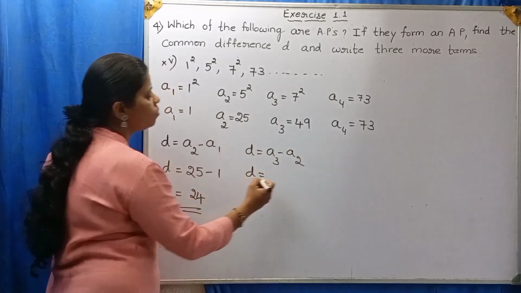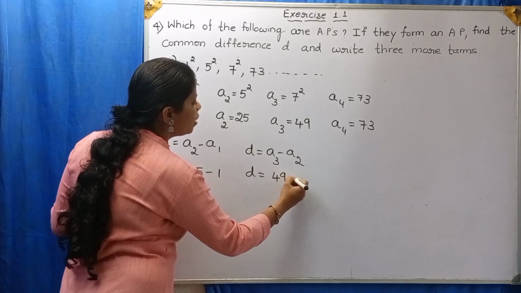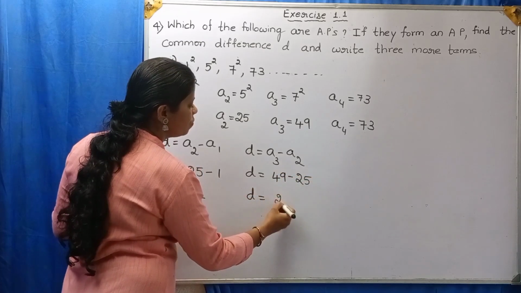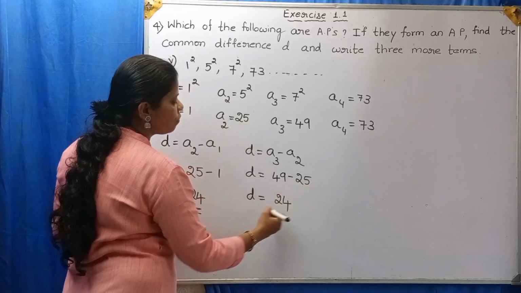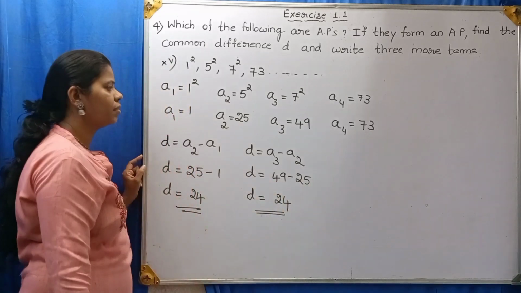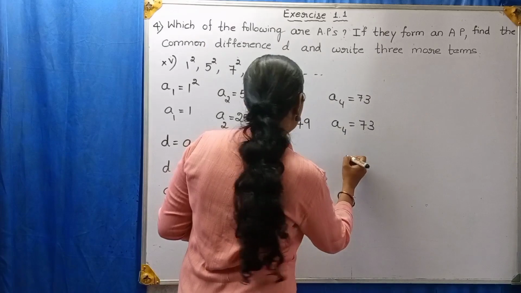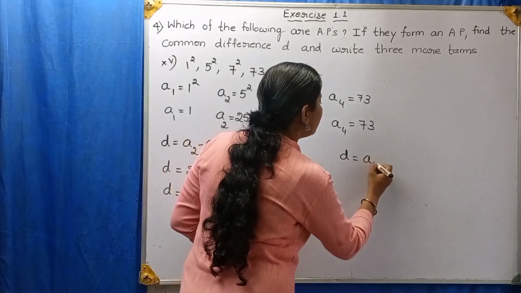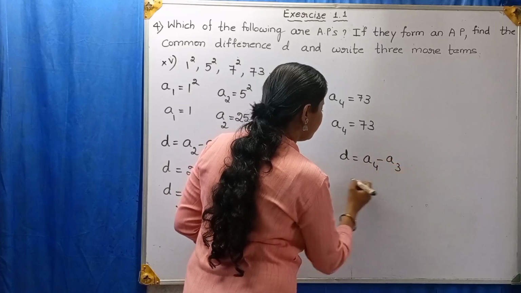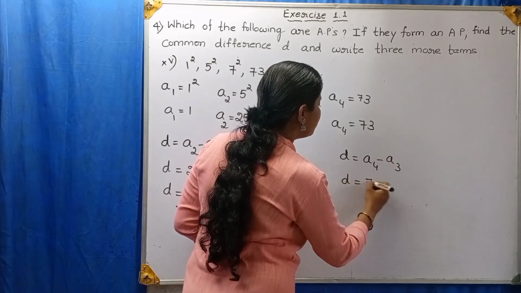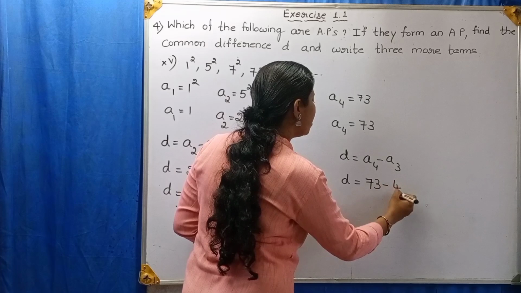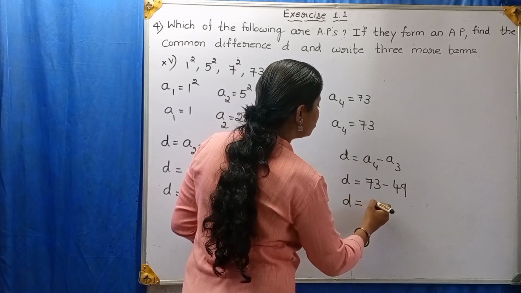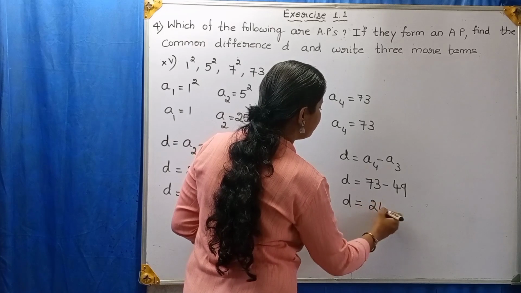D is equal to 49 minus 25, which is 24. Now D is equal to A4 minus A3. D is equal to 73 minus 49. Then D is equal to 24, right?